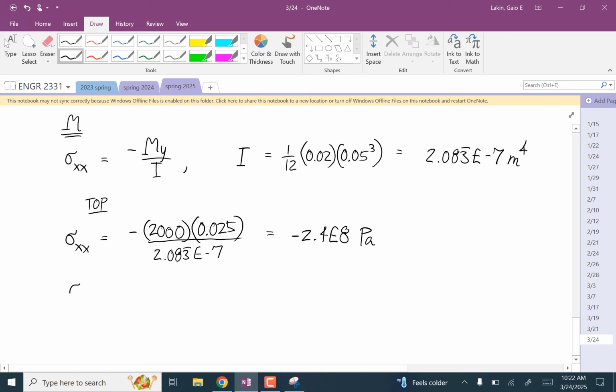And so the stress tensor due to bending is negative 240, zeros everywhere else. And this is in megapascals.